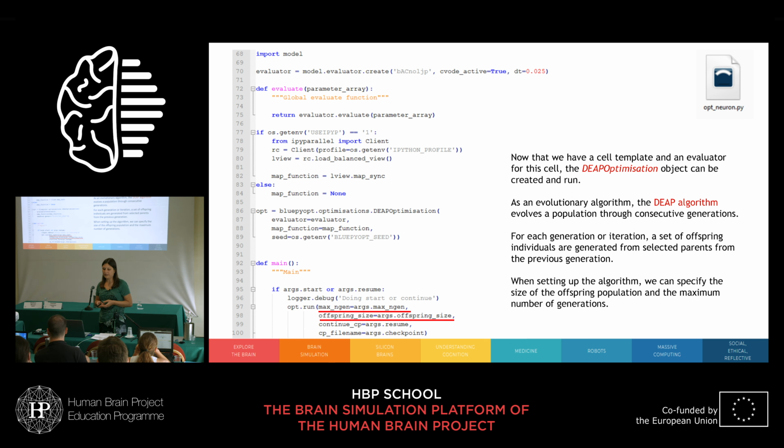So finally, once we have a cell template and evaluator for this cell, the DEAP optimization object can be created and run. And as I told you before, the DEAP algorithm is an evolutionary algorithm, so it evolves a population through consecutive generations.